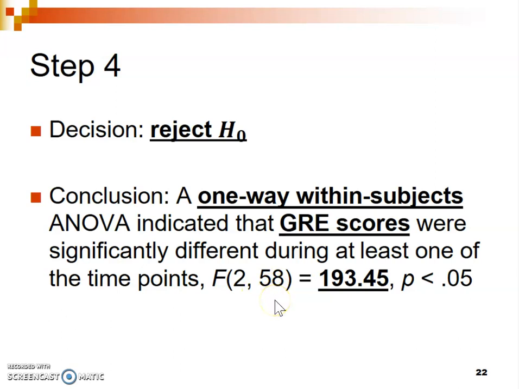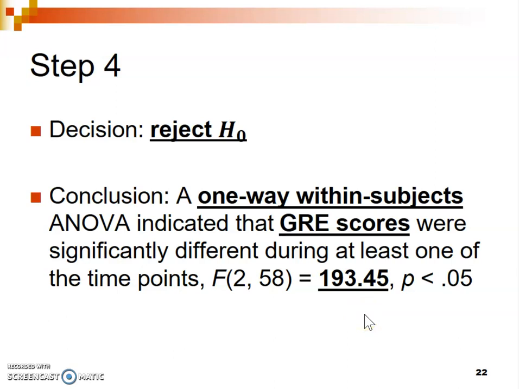We talked about that in step 2: our denominator degrees of freedom was 58. We also found that within the output from SPSS, which gives you both those values. But we identified each of those in step 2, so make sure to look back at that to find that information. And then here we just report the actual calculated value of F, which is the one we got from our SPSS output.